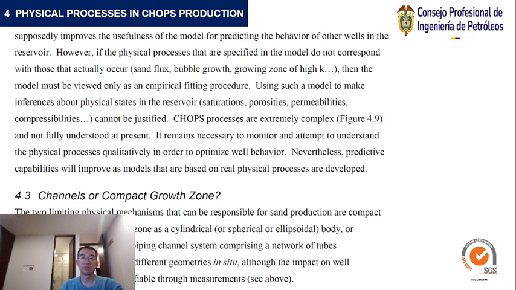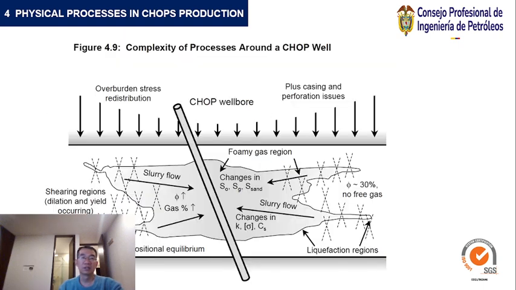CHOPS processes are extremely complex. This figure shows us the complexity of the process around the CHOPS well.